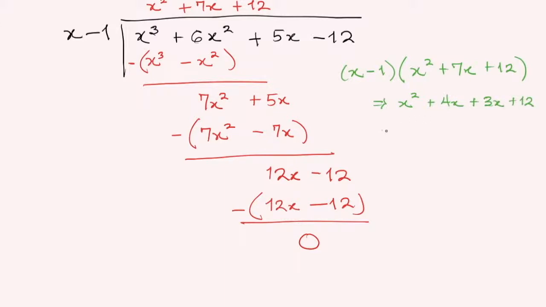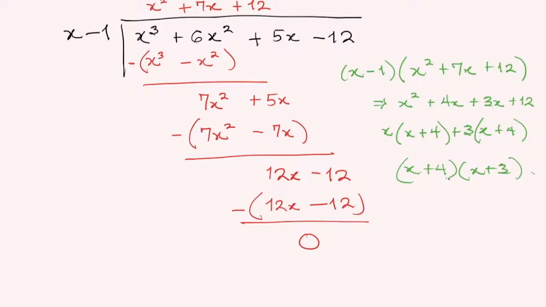And if we factorize that, x squared plus 4x has x in common. So x squared divided by x will be equal to x, plus 4x divided by x is 4. These two have 3 in common. So 3x divided by 3 is x, and 12 divided by 3 is equal to 4. So our factors from the quadratic here are x plus 4 and x plus 3.